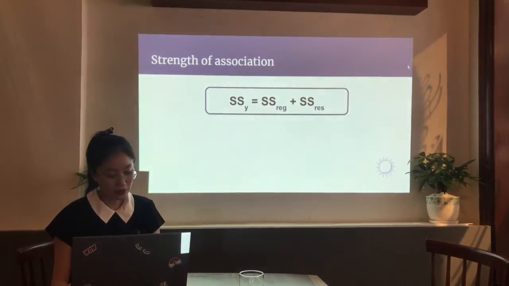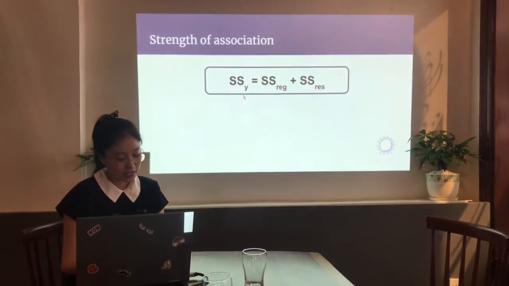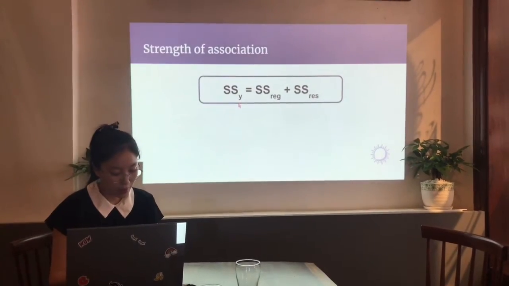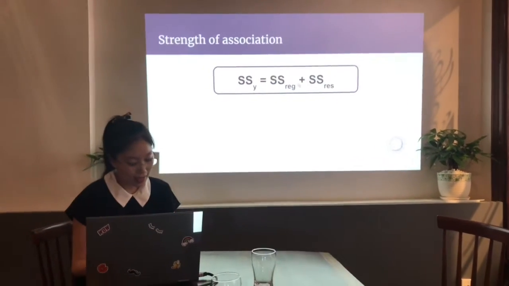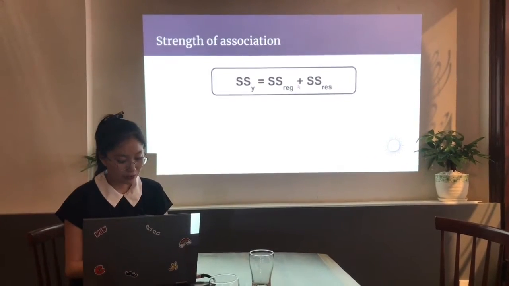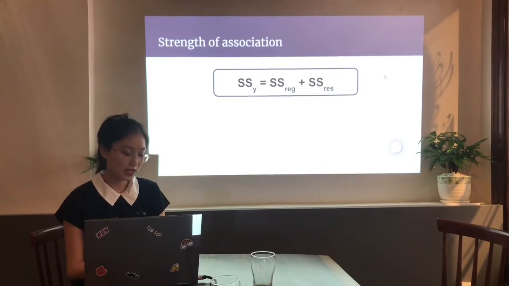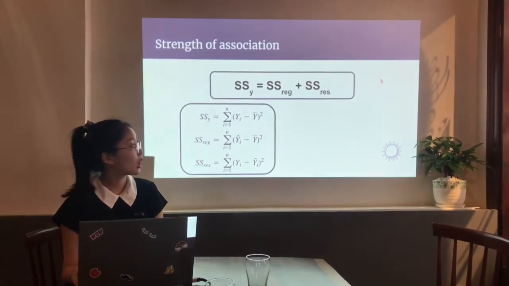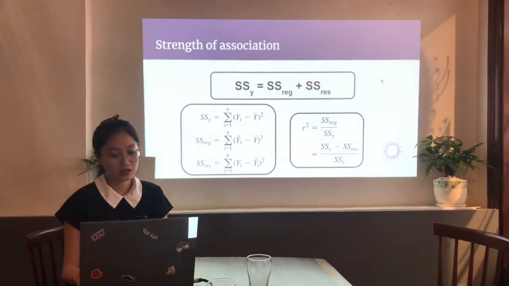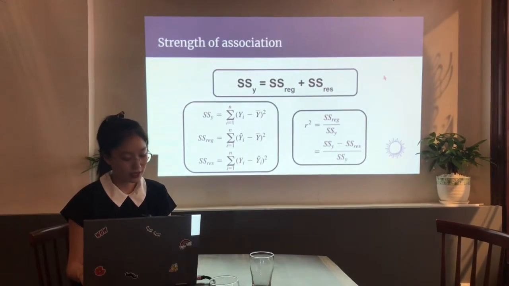The total variation SSy is equal to the sum of the variation accounted for by the regression line, SS regression, and the variation of the error or residual, SS residual. And we'll have the formula for each of the components. So we'll have the formula of R squared.